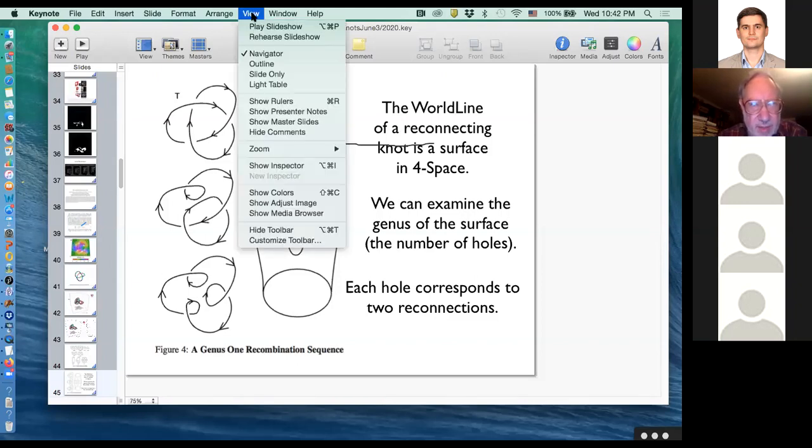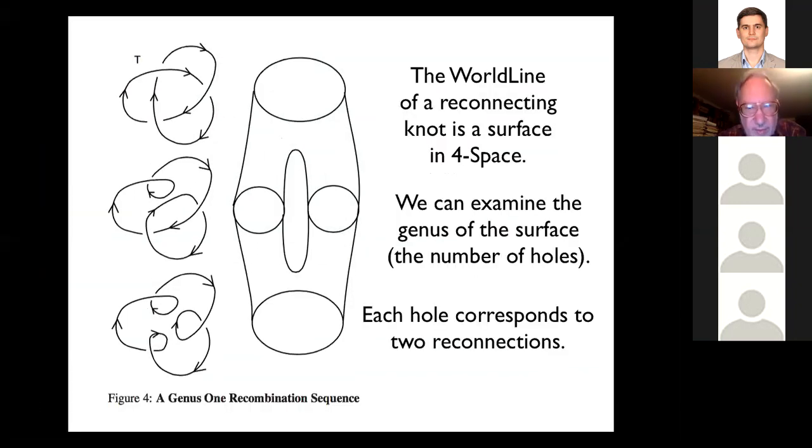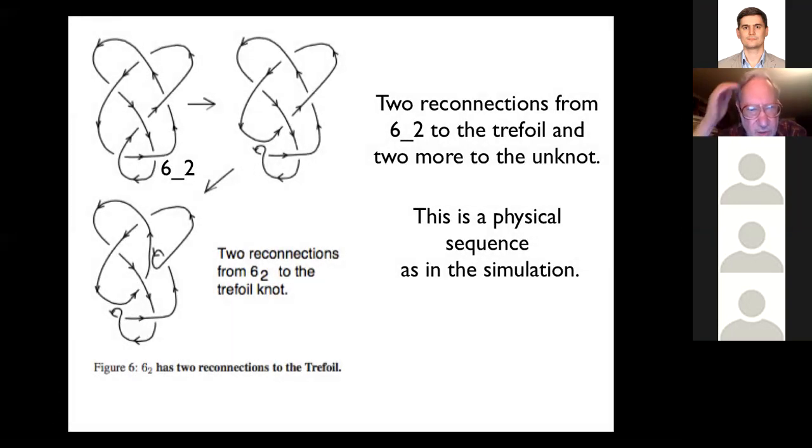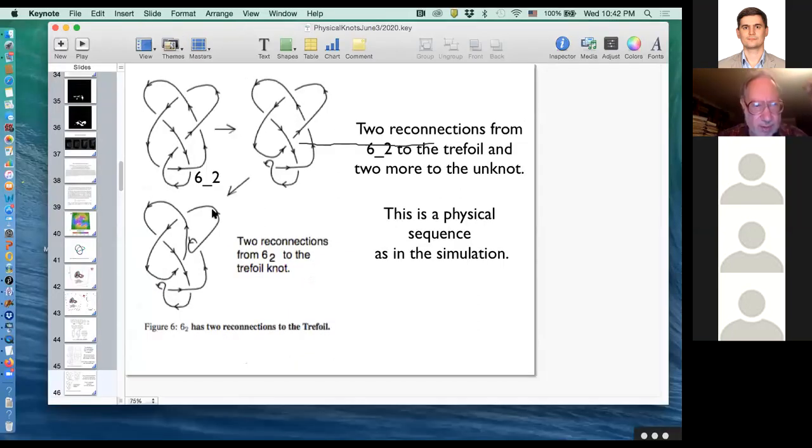Let me go back to my better viewing. So here is 6-2. Oh, I did have it illustrated here. I forgot just how I had done it. So here's 6-2, and again, let's get a pointer. I'm going to decide to do a reconnection right there.